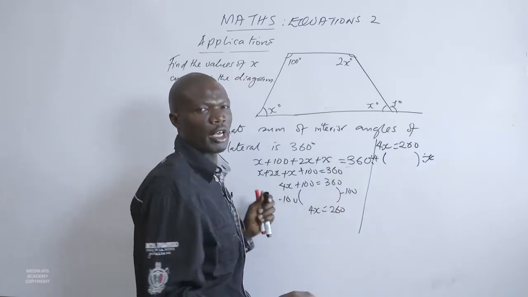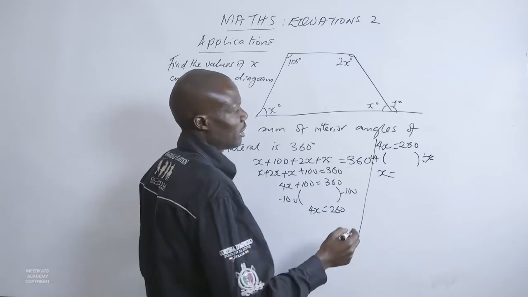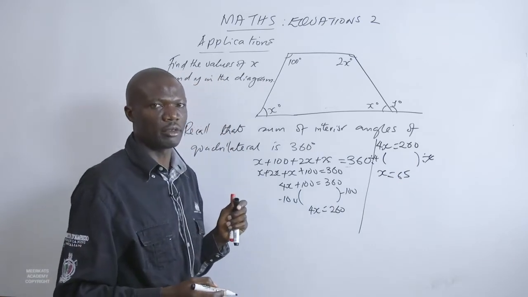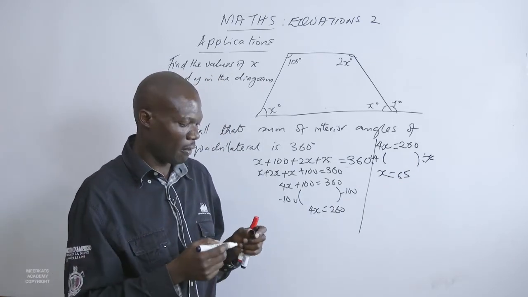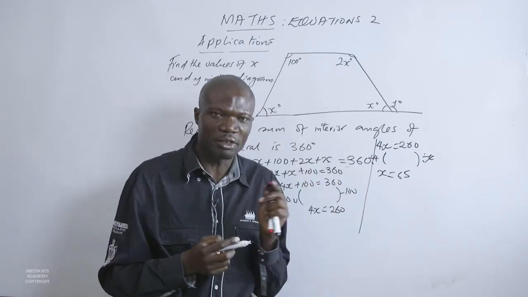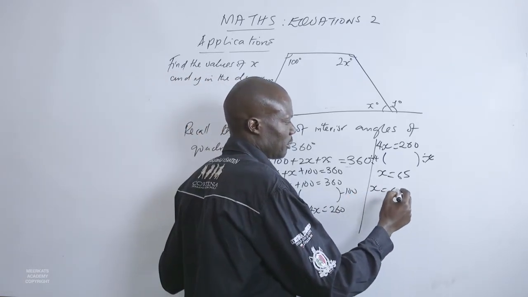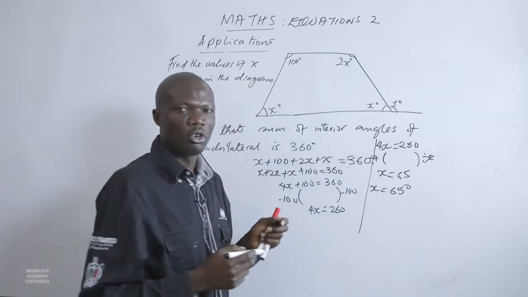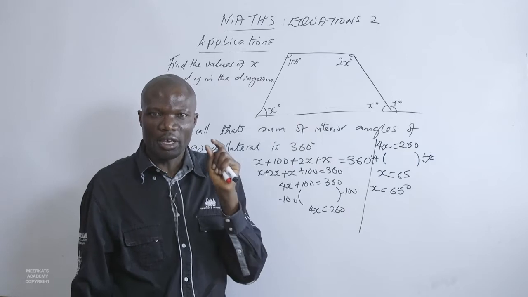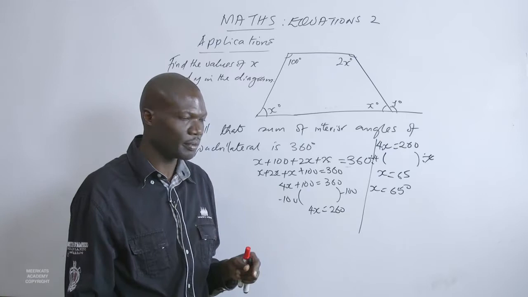So that will remain 4x divided by 4 is x, and 260 divided by 4 will give us 65. So the value of x alone is 65 degrees. When you say 65 degrees, it's because in a real situation, x represents an angle, and an angle is measured in degrees.